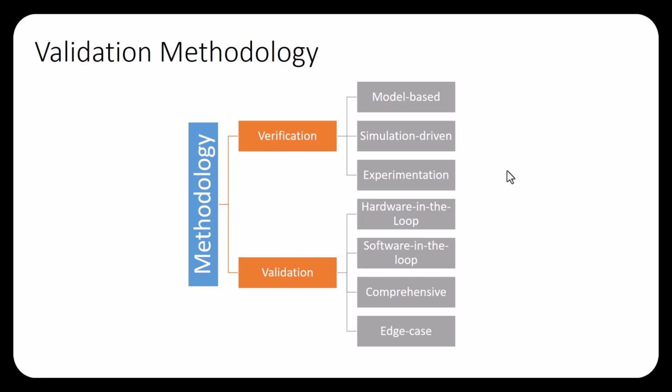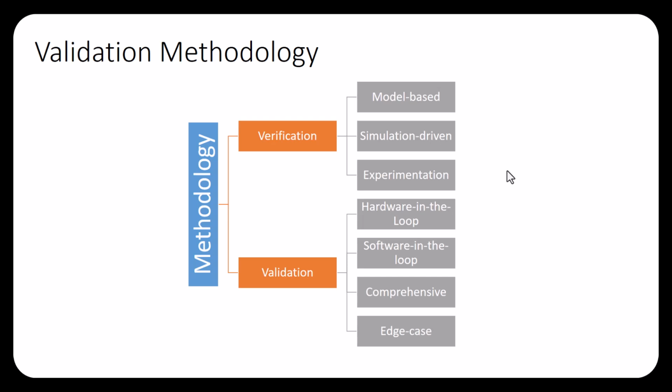Now, as far as validation methodology is concerned, there are two processes. We saw that one is verification and one is validation. We also saw the difference between verification and validation. Please recollect the explanations given by me in your class. So when it comes to verification and design methodology, we have model-based, simulation-driven, and experimentation-based designing and validation of CPS systems.